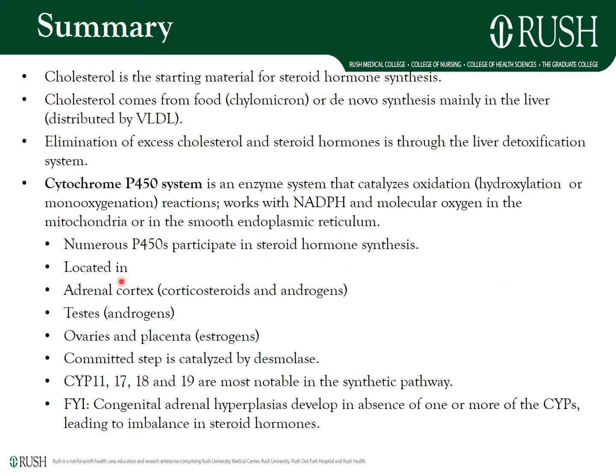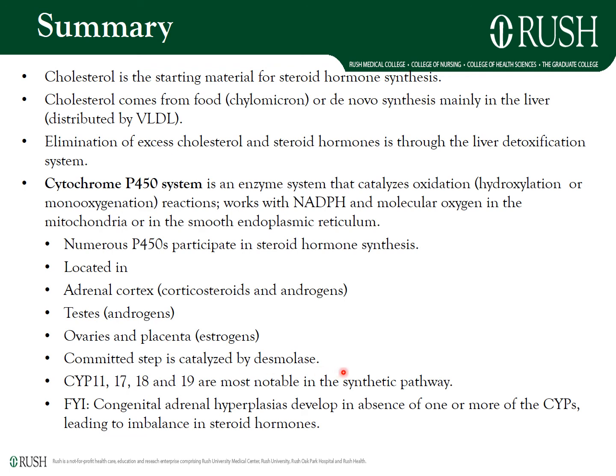And depending on their localization, either in the adrenal cortex, mitochondria, or smooth endoplasmic reticulum, we can synthesize corticosteroids, mineralocorticoids, glucocorticoids, and some androgens in the adrenal cortex, while the active androgens are synthesized in testes and estrogens are synthesized in the ovaries or in the placenta.